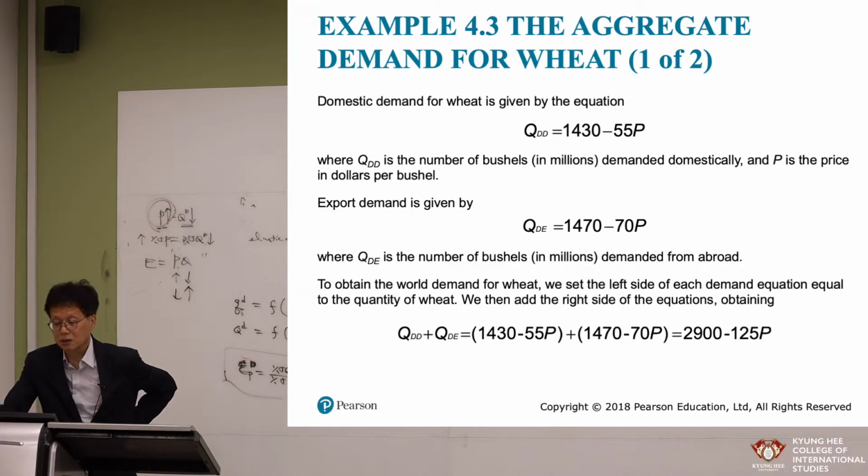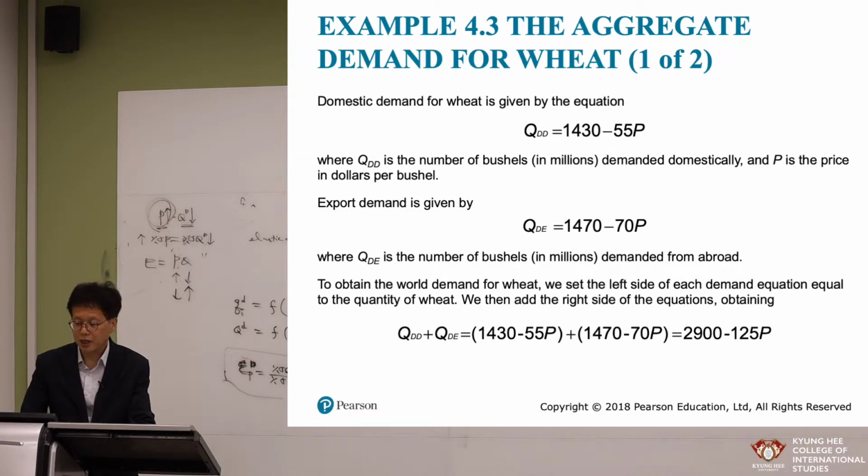Domestic demand for wheat is given by this equation, and export demand is like this. Aggregate demand is the summation of the two demands at the same price, this one plus this one. So we get this, the mathematical calculation of aggregate demand.